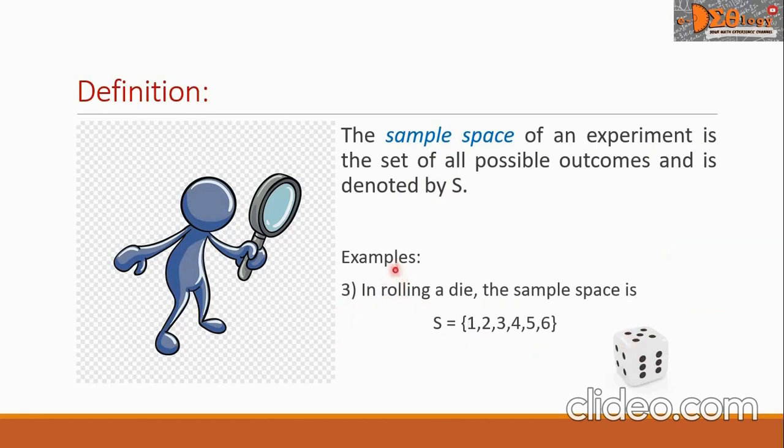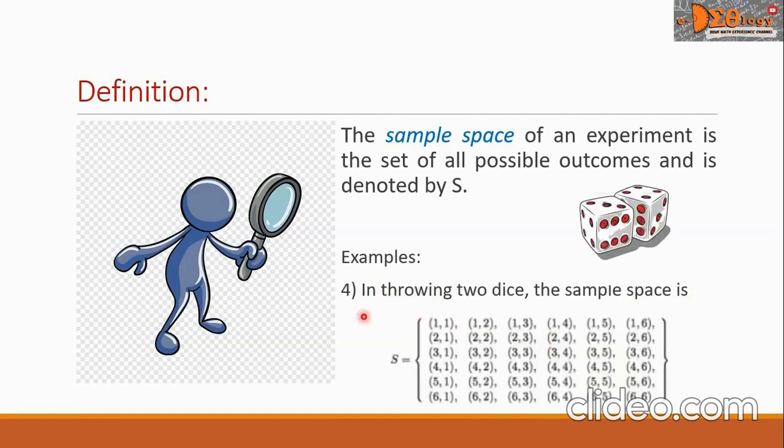Example 3. In rolling a die, the sample space is S equals 1, 2, 3, 4, 5, and 6. In throwing two dice, the sample space is given here. The sample space starts with 1, 1 and ends up into 6, 6.